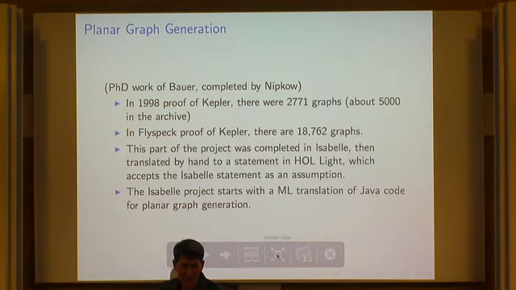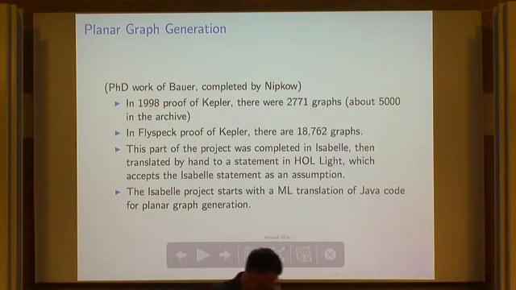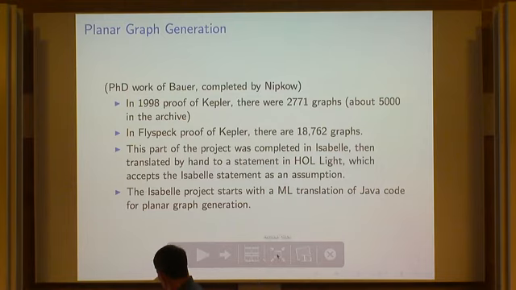The definition of planar graph is anything generated by this algorithm, by the Java code or its translation in general. And then they take it from there and filter out and show the tameness conditions.